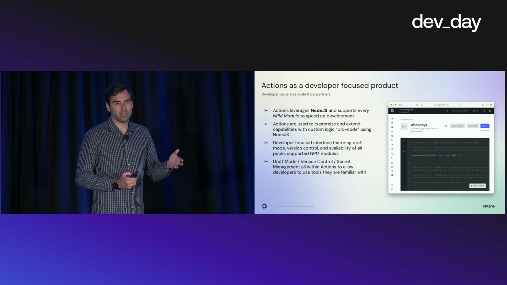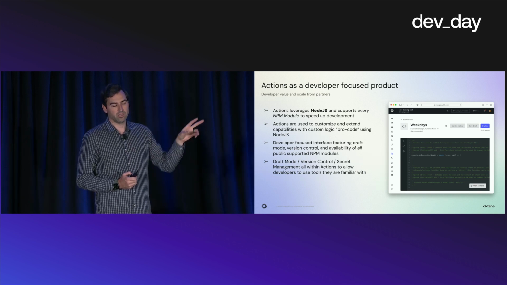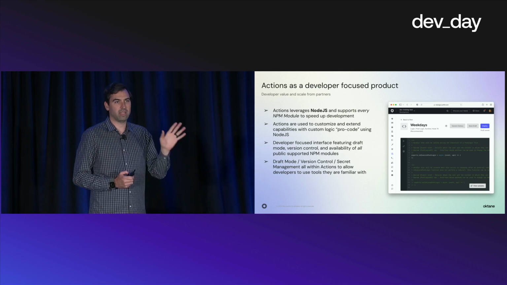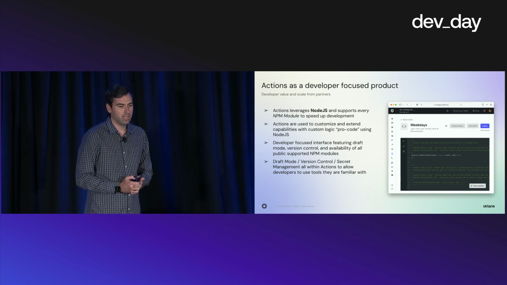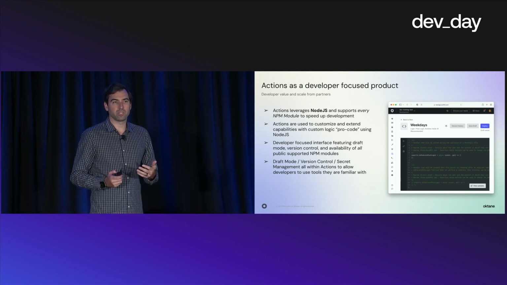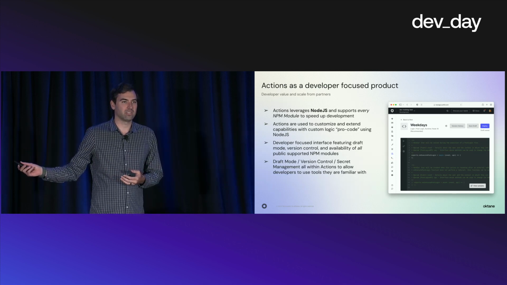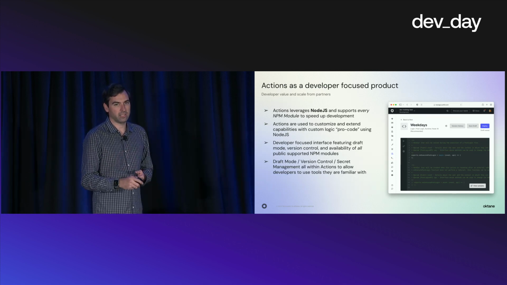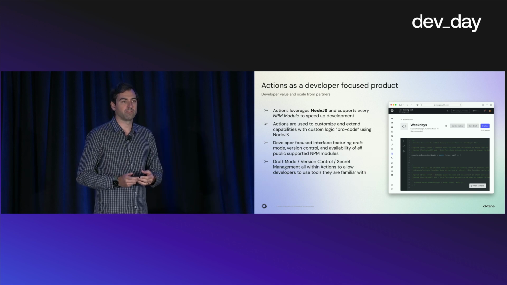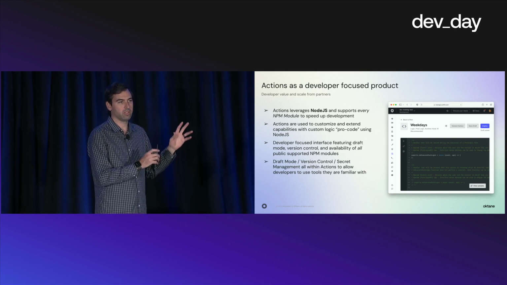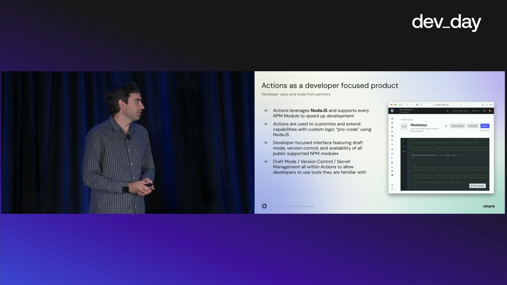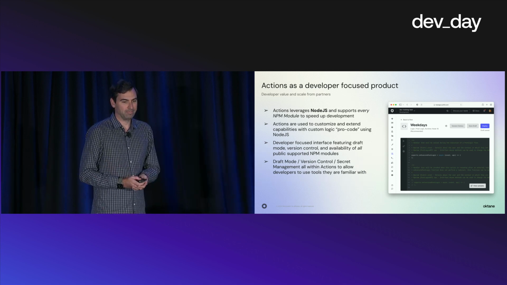We've got built-in security features, so you can put your tokens securely on the system and not have to reference them directly in the code. It also features a draft mode and version control. Everything about Actions is also available through the deploy CLI and Auth0 CLI. So if you preferred managing directly through GitHub or your preferred repo service, Actions supports that as well.